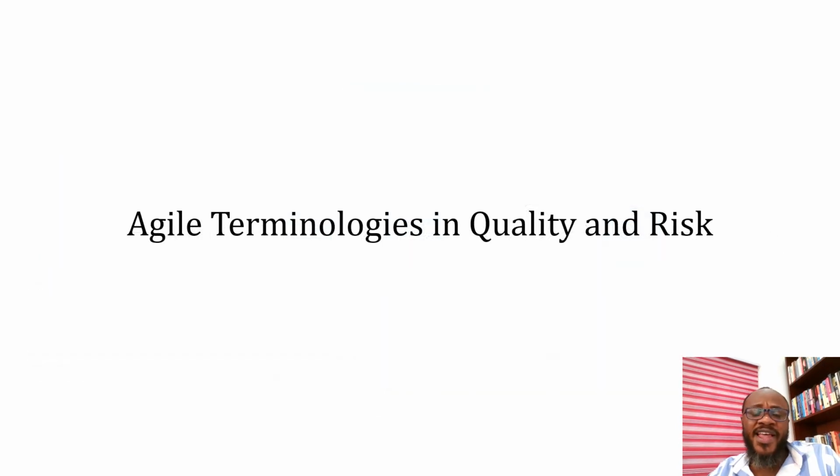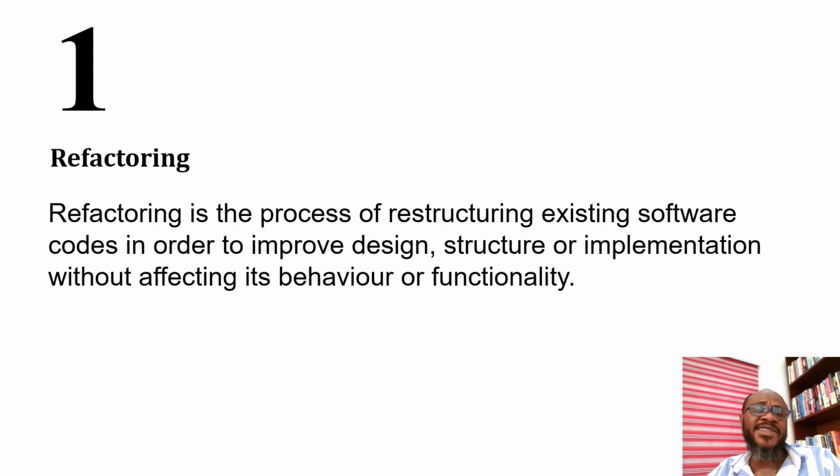We want to use the next few minutes to explore some Agile terminologies associated with quality and risk. The first terminology we look at is called refactoring. Refactoring is the process of restructuring existing software code in order to improve design, structure, or implementation without affecting its behavior or functionality.